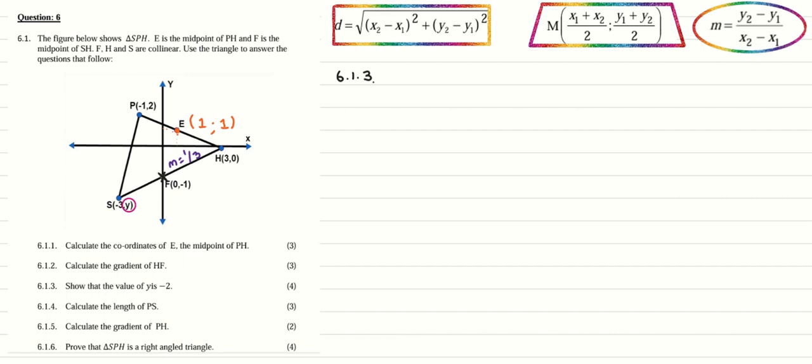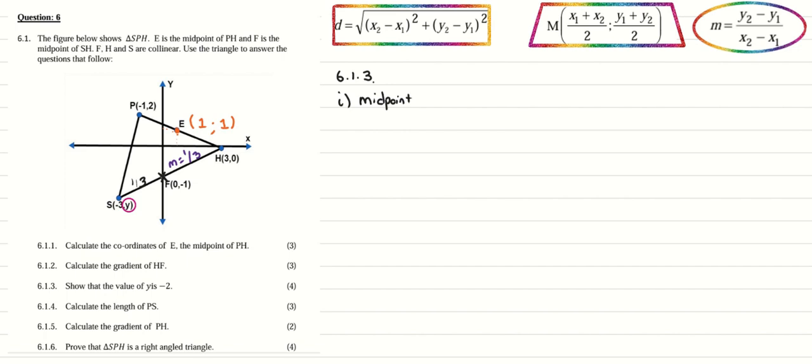They also tell you that F, H, and S are collinear. So to answer this question, you basically have two options. You can either use the midpoint, or you can use the fact that the gradient of FS is also a third because it's on the same line. So I'm going to show you both ways. The first one being using the midpoint.